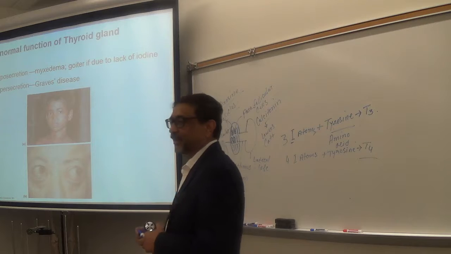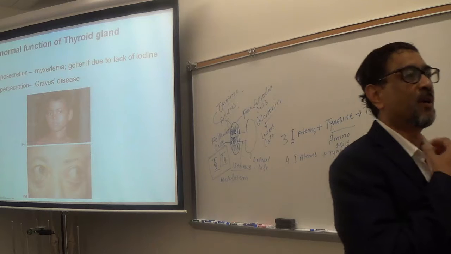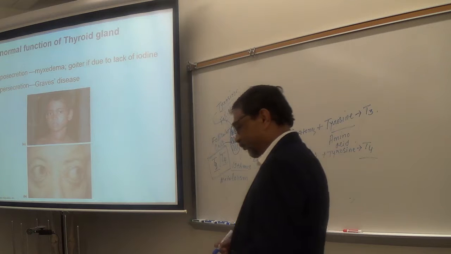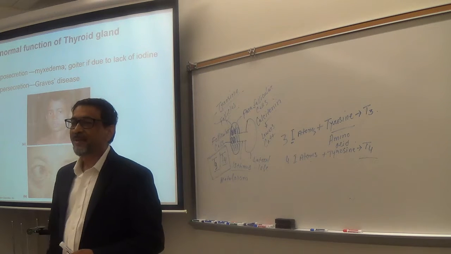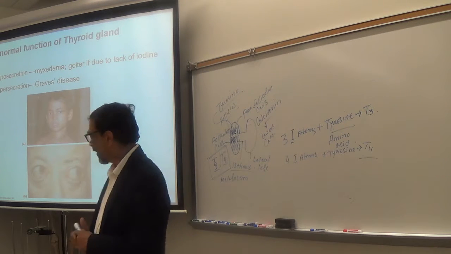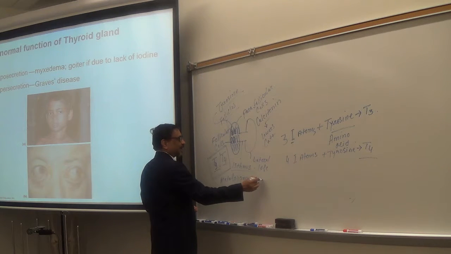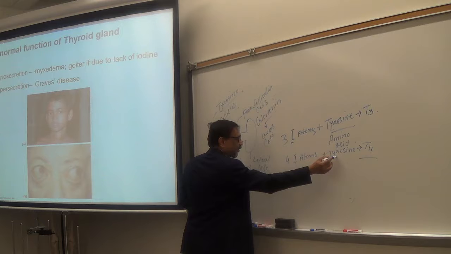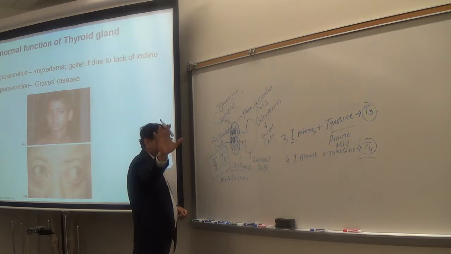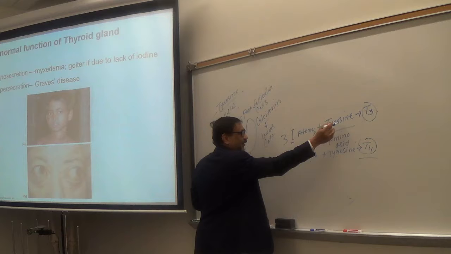Goiter is a condition in which enlargement of the thyroid gland occurs. So the thyroid gland gets enlarged or big. Why does the thyroid gland get bigger in hypothyroidism? Look at this. We know that when we take iodine, iodine binds with tyrosine to produce T3 and T4. Now, if someone has a lack of iodine in the body, tyrosine will not bind with iodine, right?